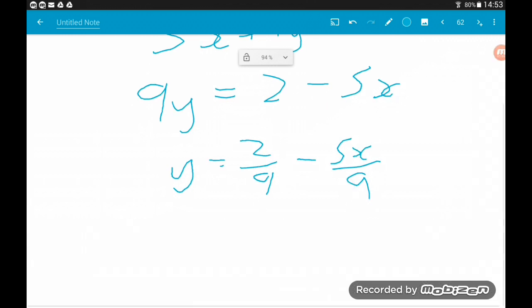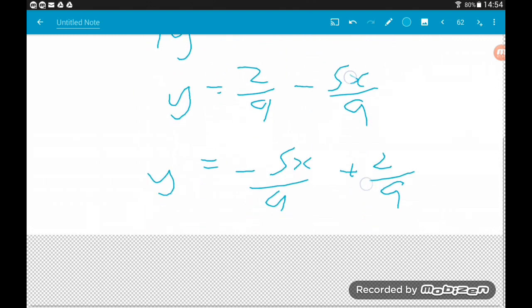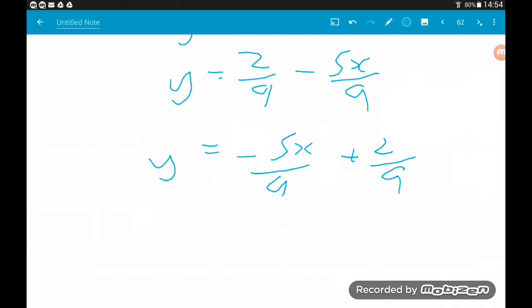Now you could, if you prefer, write that as y is minus 5x over 9 plus 2/9. Either one of those is fine. The important thing is that we can now say the gradient is minus 5/9 and the y-intercept c is 2/9.